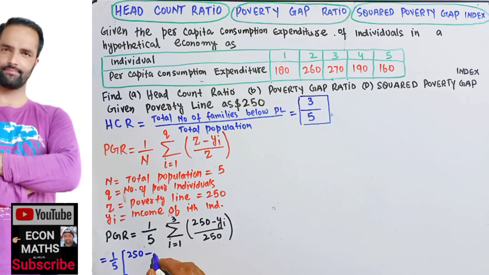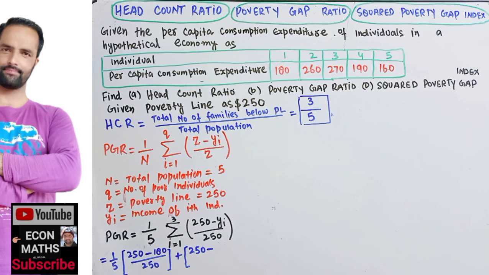So in place of yi we have 180, divided by 250, plus, now again 250 minus yi, i equal to 2 this time.